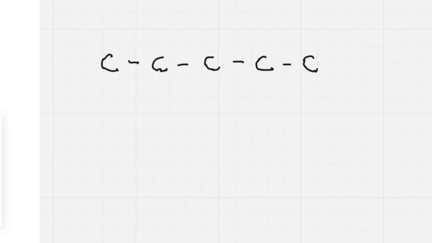And you've seen in previous lessons that you can attach an OH, which we call a hydroxyl group, onto a carbon chain, and that fundamentally changes its properties.